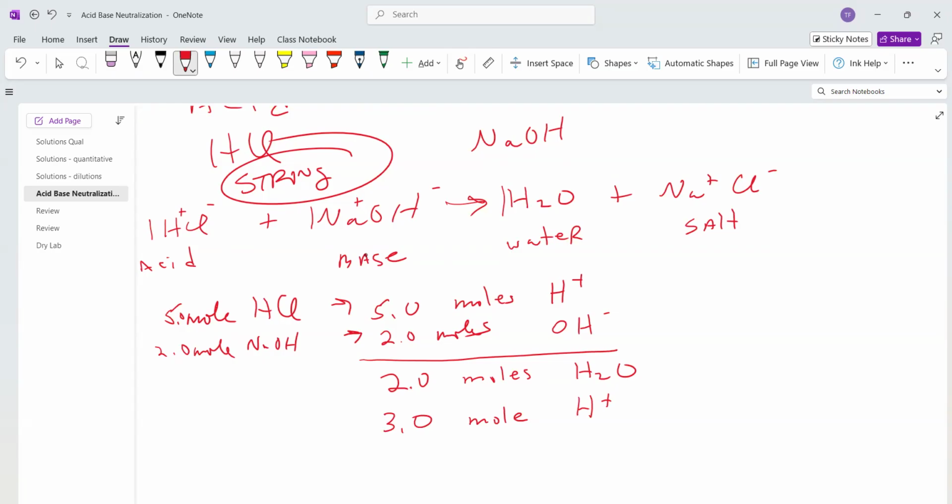Okay. Now, it depends on how much acid and base. If there's more base than acid, moles wise now, then we'll have a basic solution. Otherwise, we have an acidic solution because they have more H's left over.